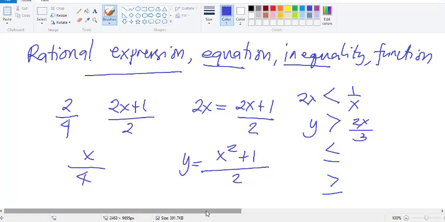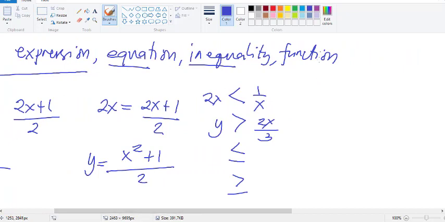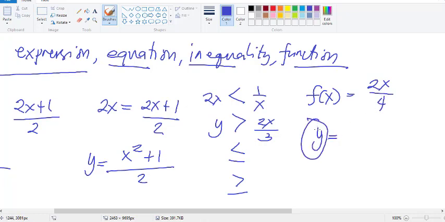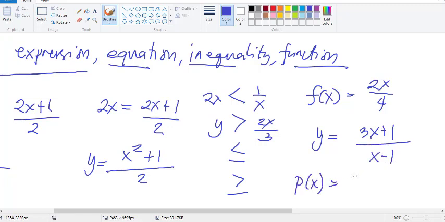Now, a function needs to be written as a function. For example, f(x) is equal to 2x over 4. Or y, because usually y and f(x) are the same. Say y equals 3x plus 1 over x minus 1. Or you have p(x) is equal to 2x over 8 plus x, just as an example.